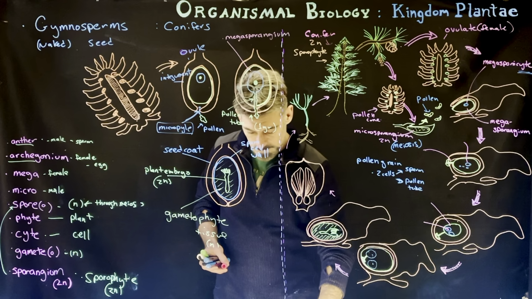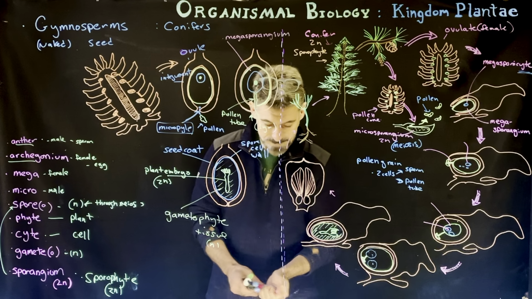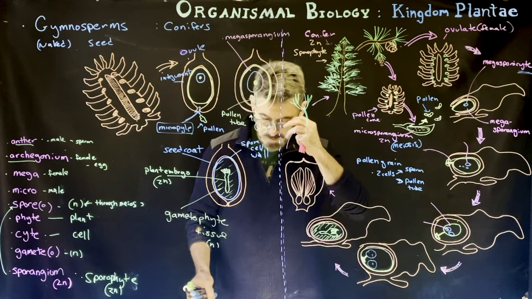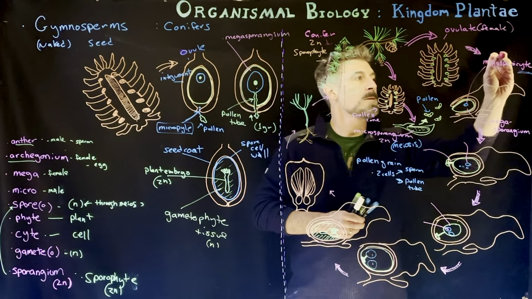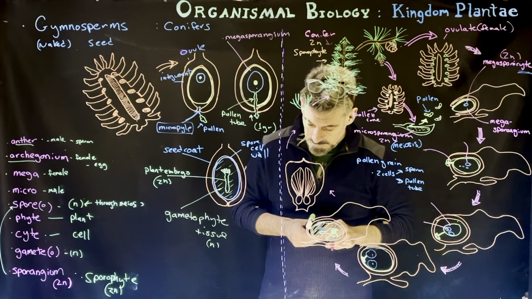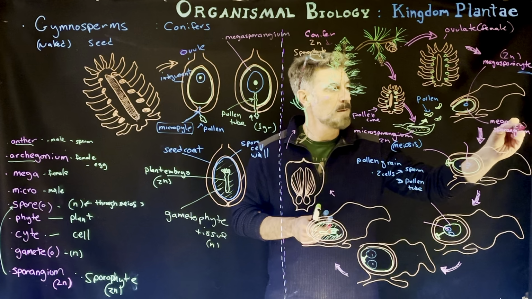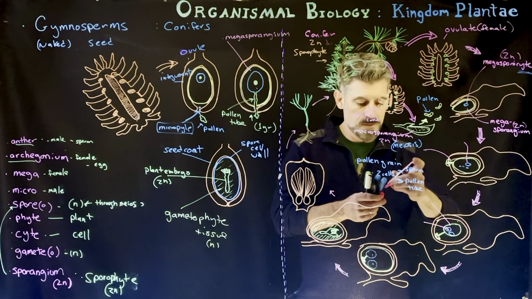So the megasporocyte, things to add in here: this is again a 2N structure, and so is the sporangium. All this stuff is a 2N or diploid structure, but that's again where meiosis will take place eventually.